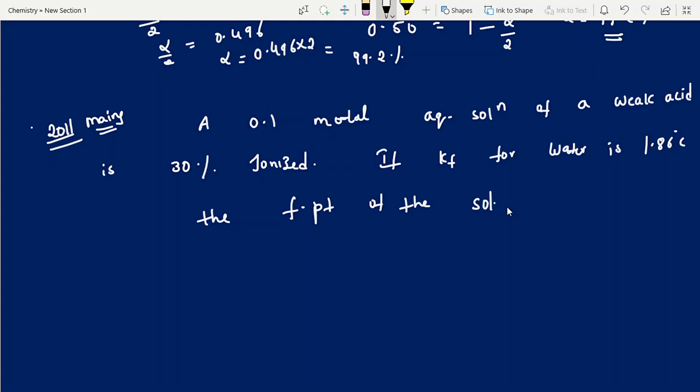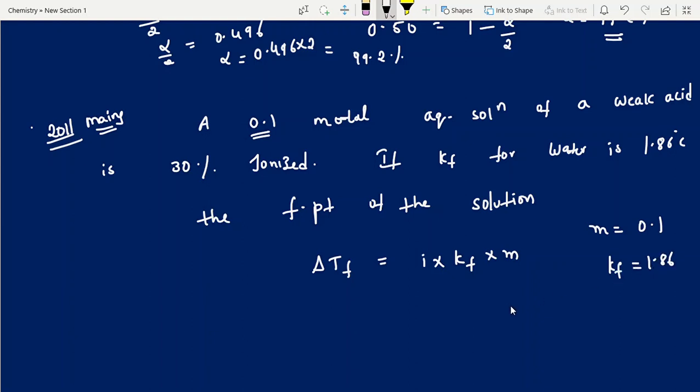Today, freezing point of the solution means what is the formula? Delta Tf equal to Kf into m. But they have given alpha information, so we include the Van't Hoff factor: Delta Tf equal to i into Kf into m. What is the given information? m equal to 0.1, Kf equal to 1.86.